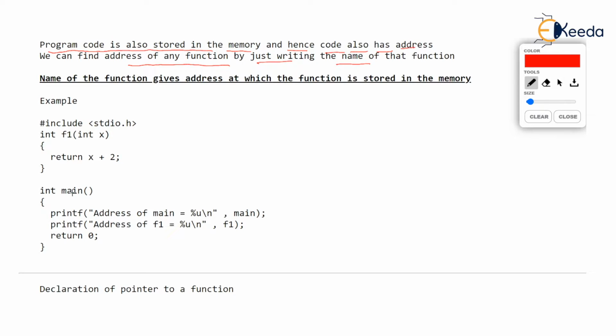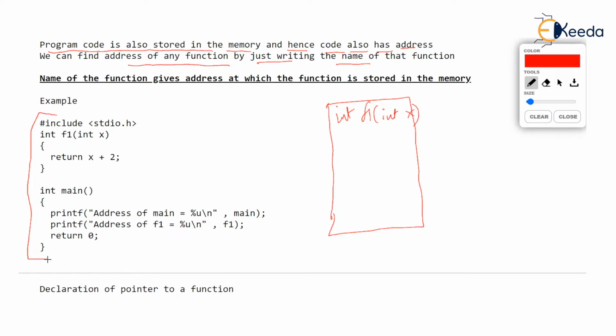In fact, this entire code is stored in the memory, isn't it? This program is stored in the memory. So if you imagine this block of memory, then this function int f1, int x, which has been written on top of the program, will have some address from where it begins. Maybe the address is 100, and then the function continues.